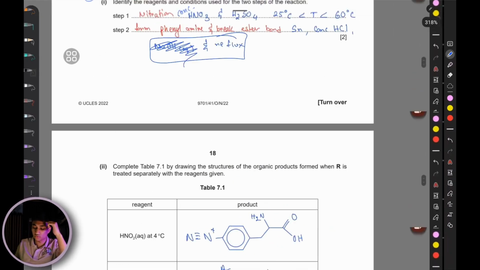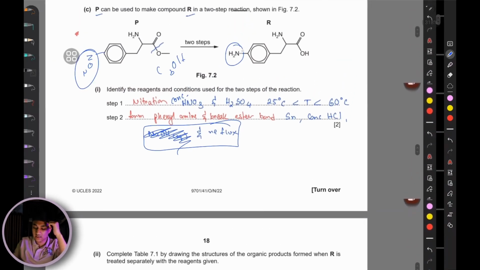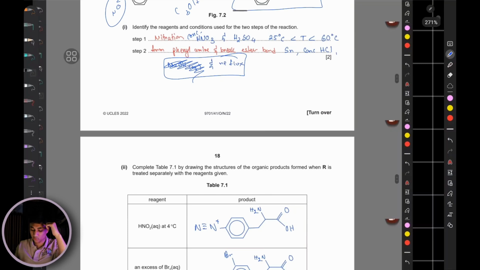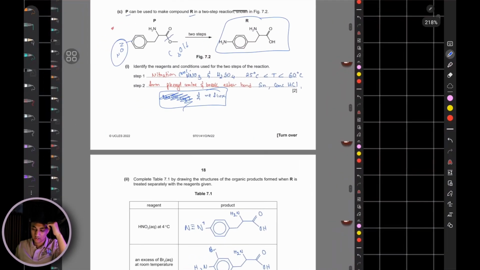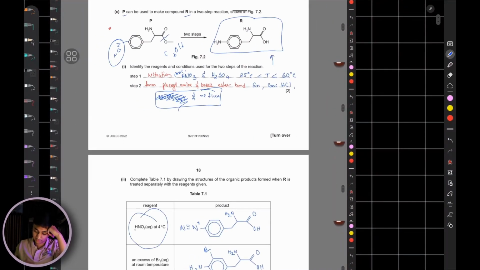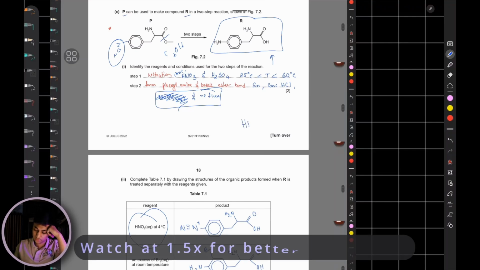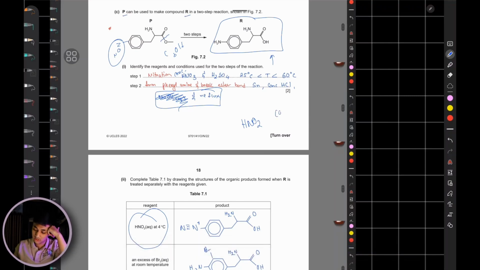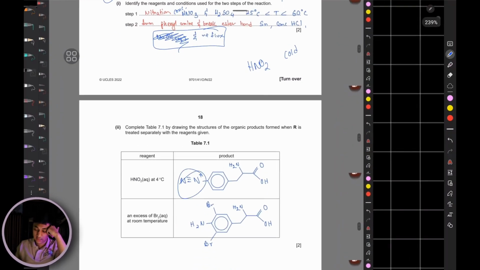So R, where is my R? So this R is treated with different reagents such that it will form certain products. So this R is going to be treated with first HNO2 at cold conditions. Now HNO2, not HNO3. In cold conditions, this is going to form the diazo group.